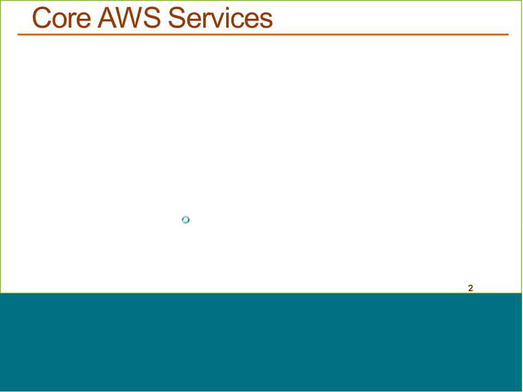Okay. So before we get started, can you please list out the core AWS services that we've discussed so far? Tell me what are the important or core Amazon services that we discussed. Yes, EC2, S3, RDS, auto scaling. To use auto scaling, we need something.